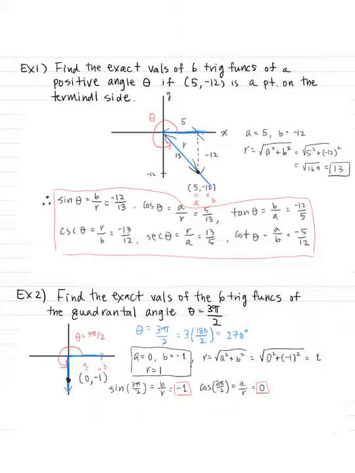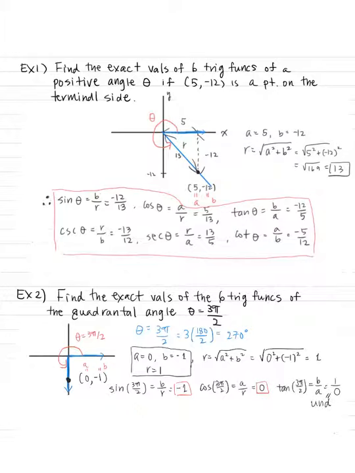And the rest of it, we got sines and cosines, so we're good to go. Tangent of 3 pi over 2, tangent is b over a, so it's -1 over 0. Uh-oh. That means undefined. So tangent of 3 pi over 2 is undefined.